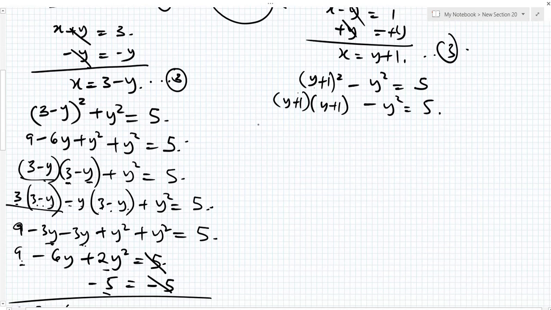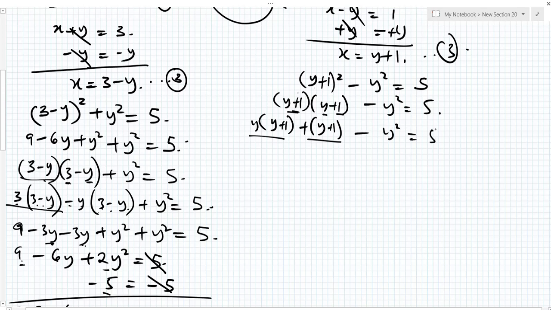Opening up this bracket, you have y plus 1 times y plus y plus 1, because this times this will give you this, and this times 1 will still give you the same thing, so minus y squared equal to 5.